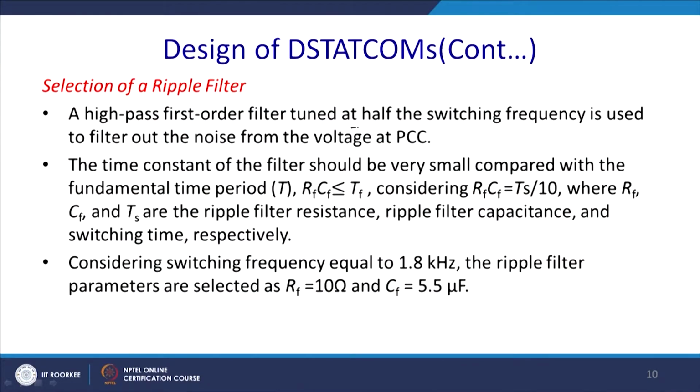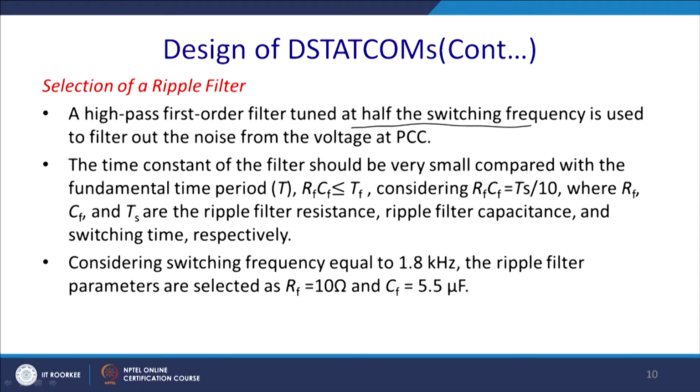A high pass filter tuned at half of the switching frequency is used to filter out the noise or the switching ripples from the point of common coupling. Please note that the power system is predominantly inductive, thus it is a low pass filter. So, it will eliminate that high frequency noises.